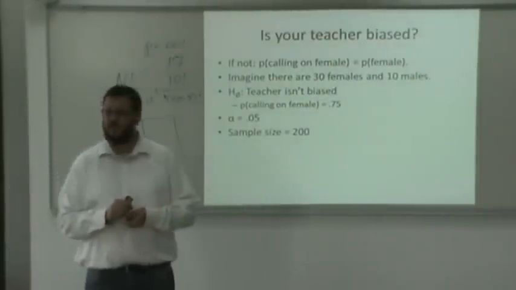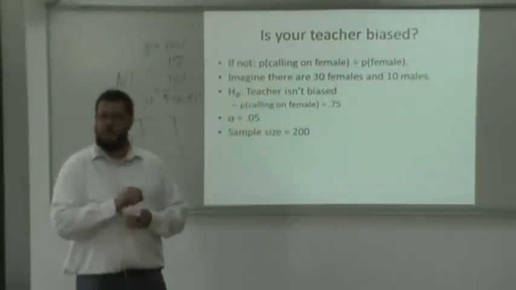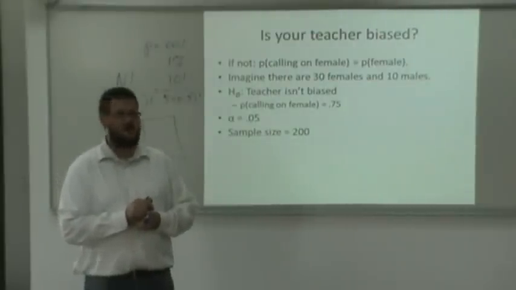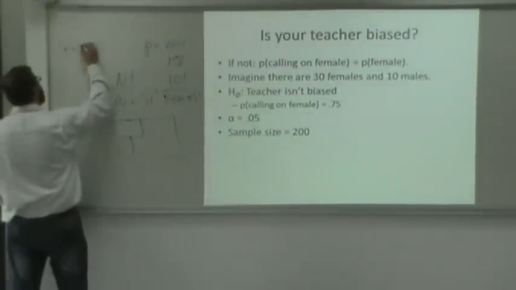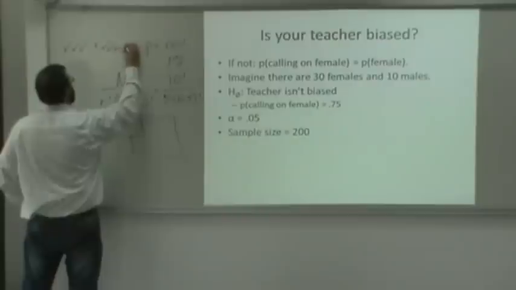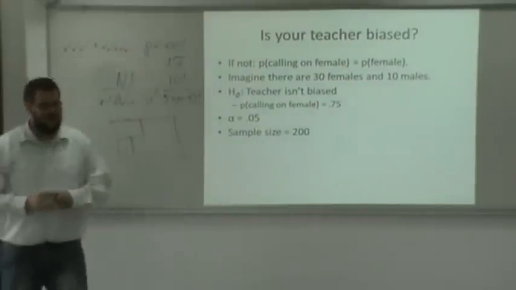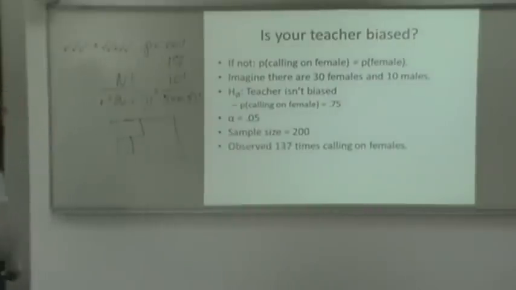So you sit in my classes with 40 students with that distribution, and you mark off every time I call on someone, and you indicate whether it's a male or a female. So, okay, female, female, female, male, female, female, male, female, female. You're doing this, right? Wait till you get 200. And then you see that I called on women 137 times.